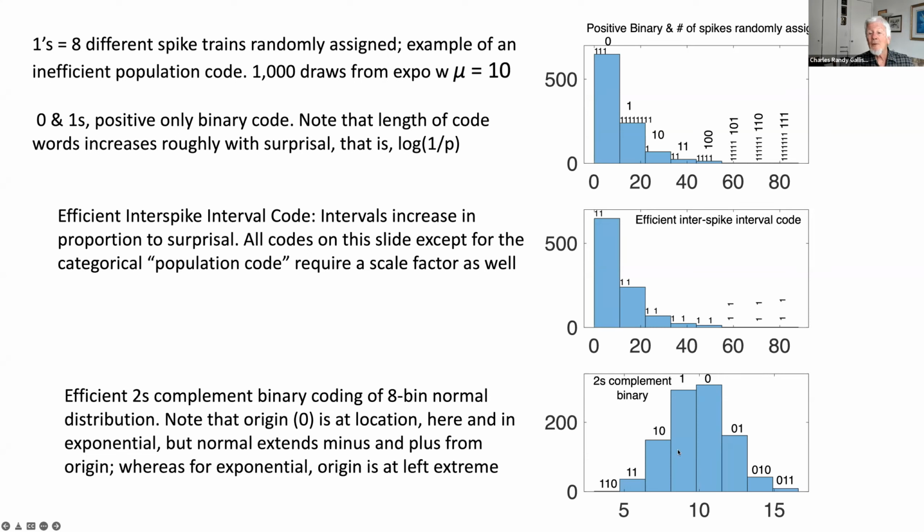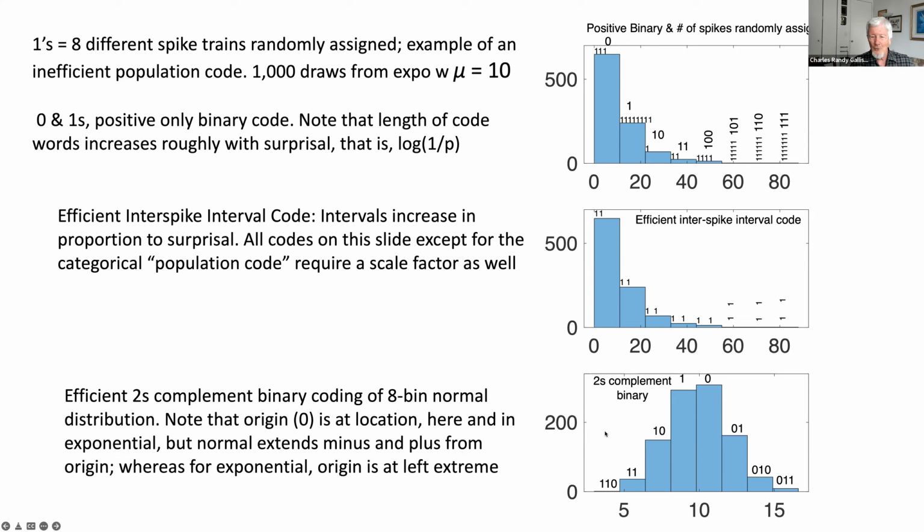Now, what if we come to encode a normal distribution, right? Well, we no longer want to put the 0 down here at the low end of things, right? Because you always want to put the most efficient code words where the most data are, right?